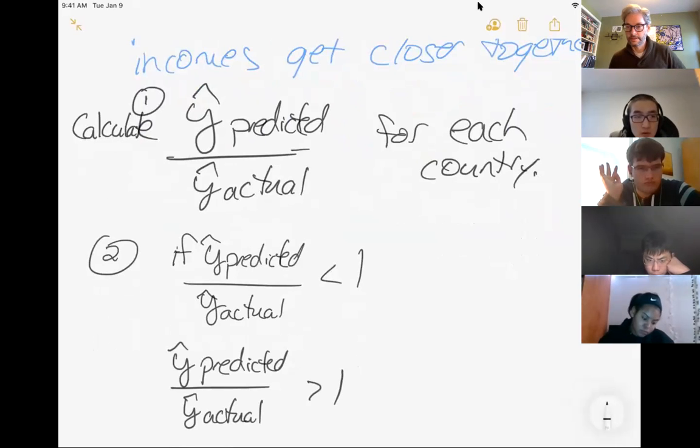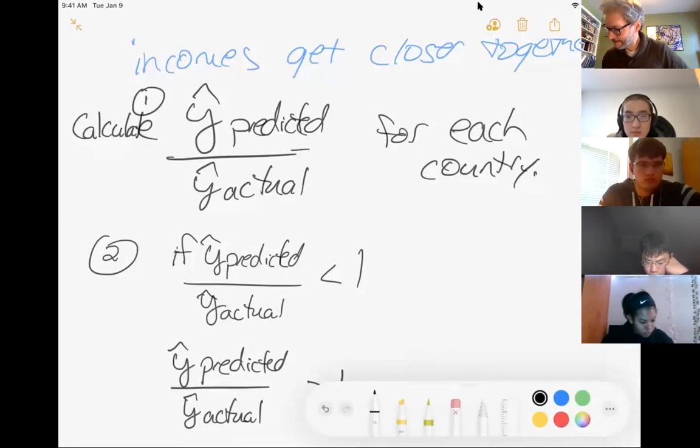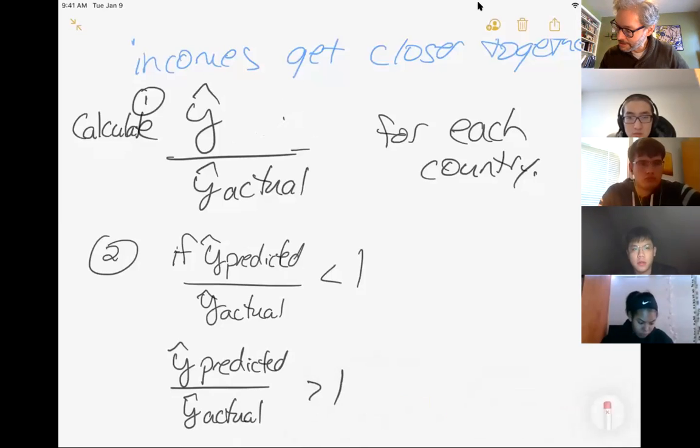Yeah, Chase. If it's less than 1, should it be growing faster? Yeah, well, okay, hold on. I'm sorry. I screwed this up. I'm sorry about this. Your book actually calculates the ratio in the opposite way.